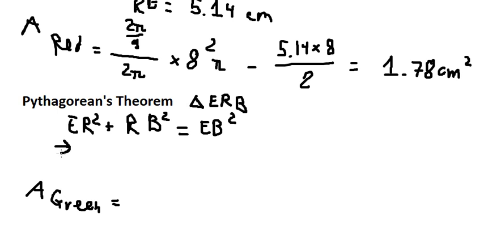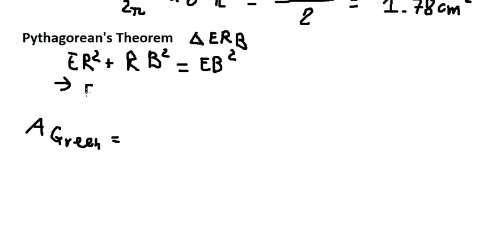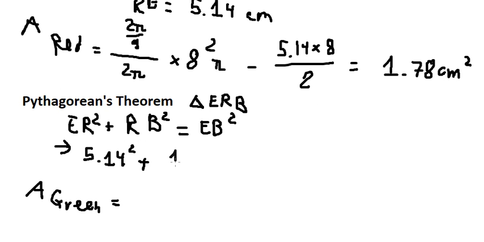Now we have the numbers in here. So ER, that is 5.14 square, and RB, that is 1.87. So we calculate this one, and that is about 29.9165.